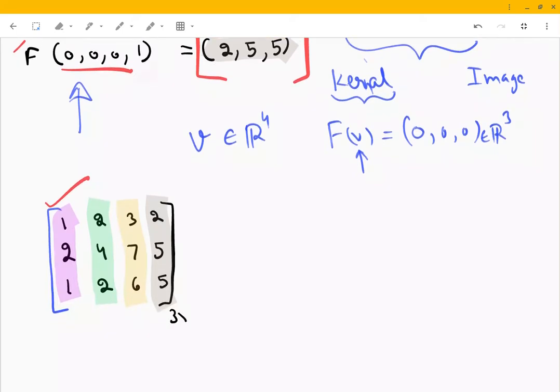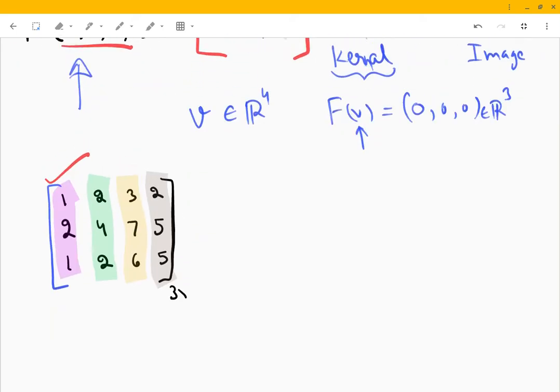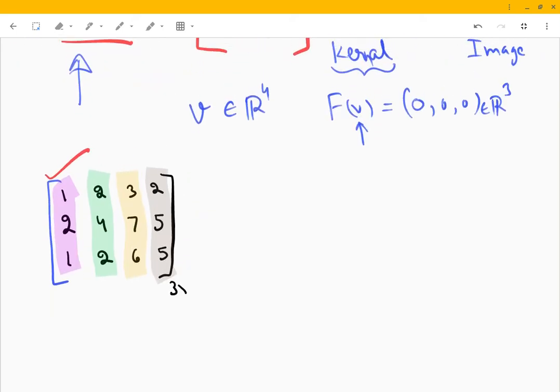Now see, if we reduce it, then R2 changes to negative 2 times R1 plus R2.